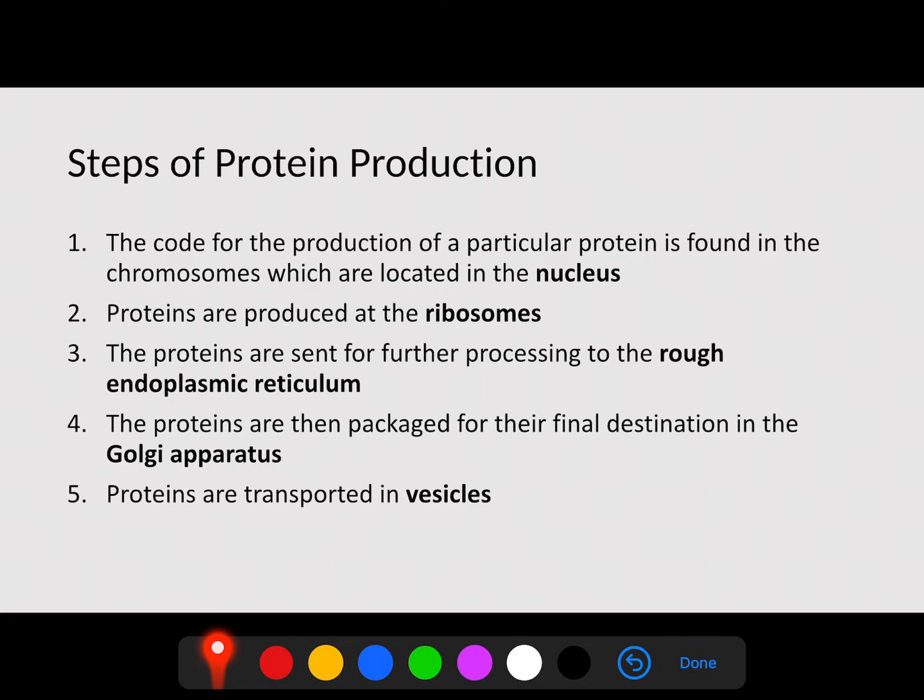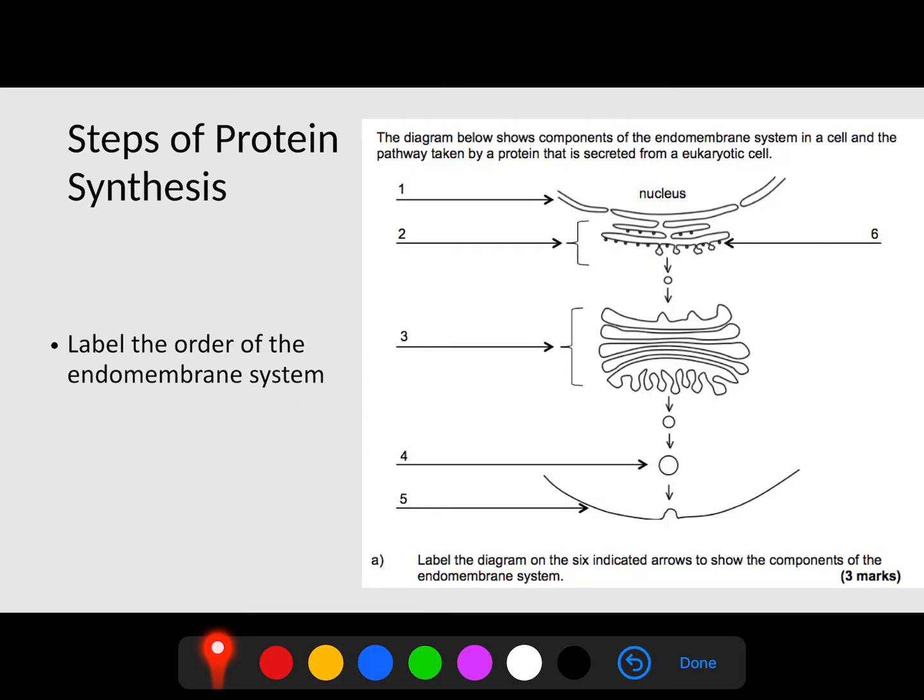That information is then sent to the ribosomes where our proteins are produced. Those proteins are then modified in the rough endoplasmic reticulum, where they're put into a vesicle and transported to a Golgi apparatus, where the final modification occurs and they are shipped out of the cell via vesicles.